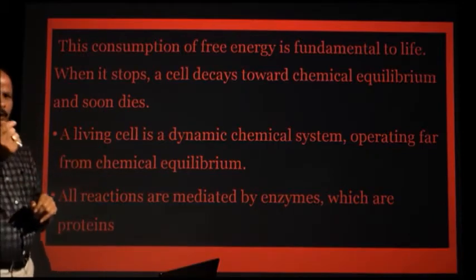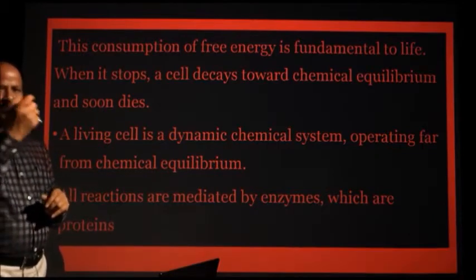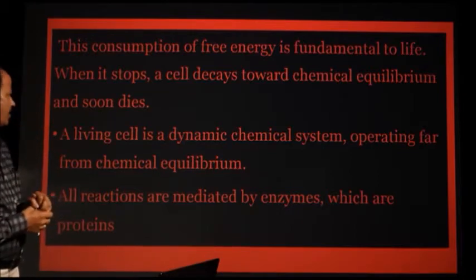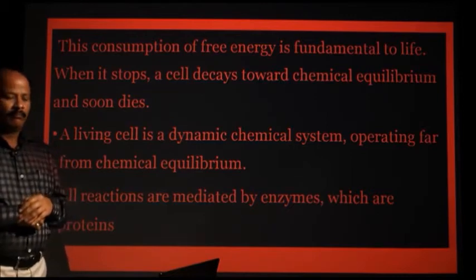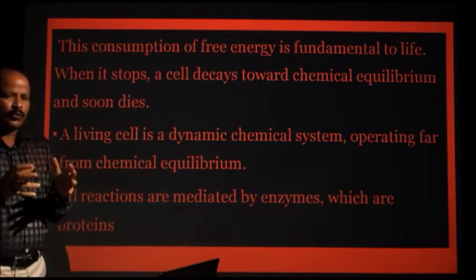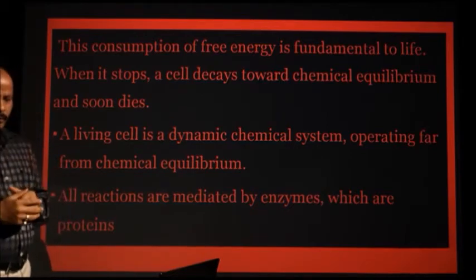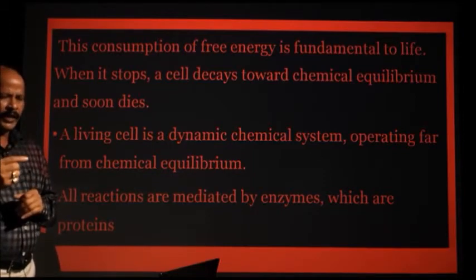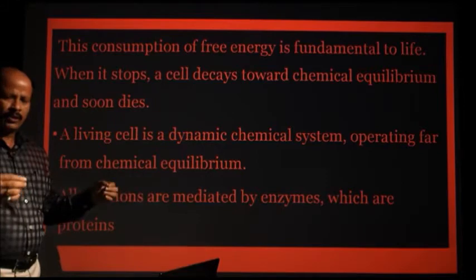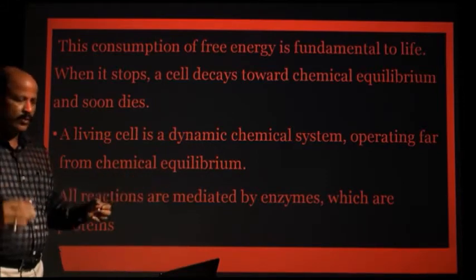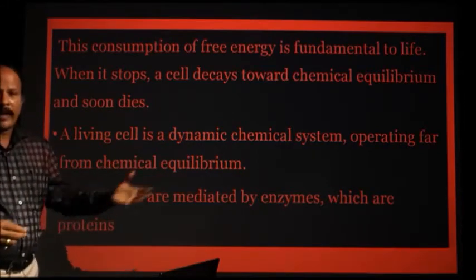This must be understood by certain examples. Operating far from chemical equilibrium: actually at plus two level we have not gone to that level, but I want to tell you this. In the soil there is a citrus plant, a lemon plant, and a sugar cane plant.